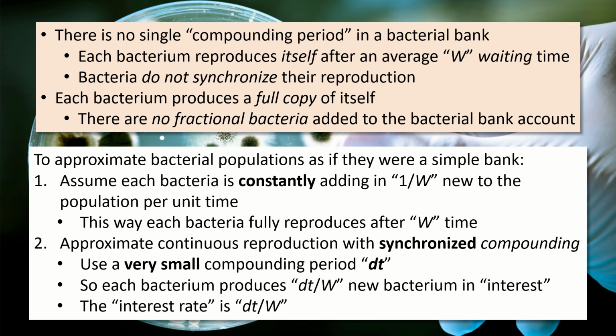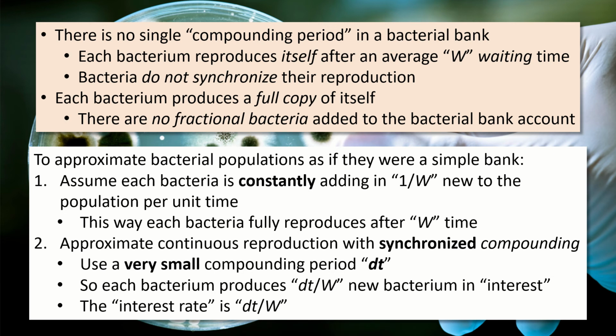So in this perspective, the interest rate is the compounding period divided by the doubling time of the bacteria. Before, we had an interest rate of 20%. Now we have an interest rate of whatever this time is divided by whatever this time is. So it still ends up being a percentage.